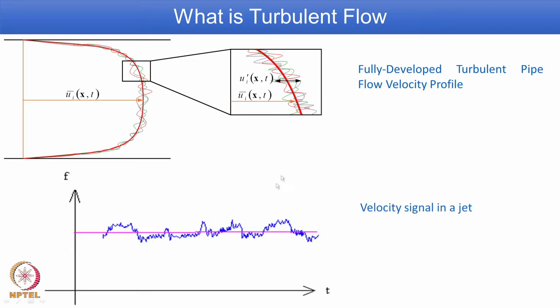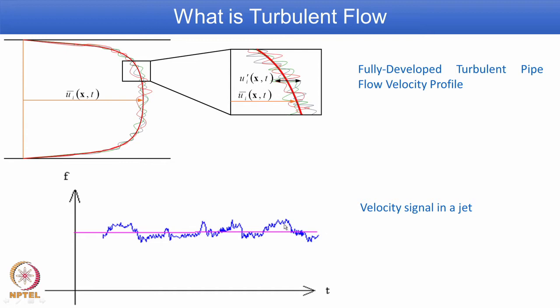And this is another example. This is a velocity signal that is captured by an instrument in a jet flow at one particular x location. So, you get any property f, for any property that is marked on the y axis, and t for time instant, and you see one horizontal line to represent its average, and if you take the signal and plot it as a function of time, you get such a wide variation.